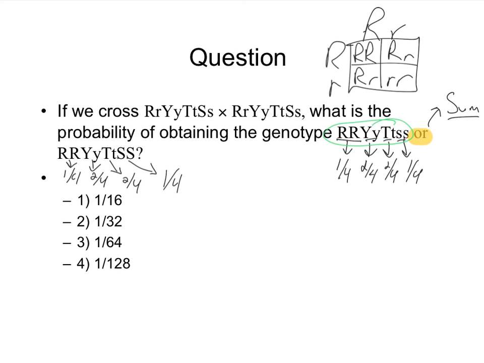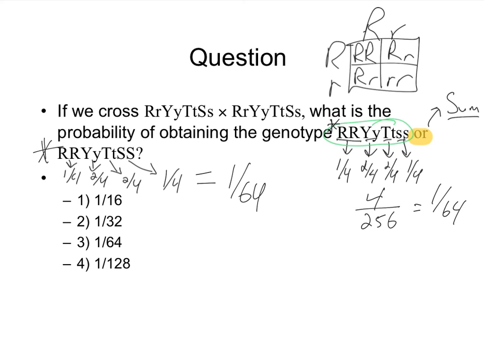What we would end up with is 256 at the bottom, and at the top we'd end up with 4 out of 256. If we reduce it, it's 1 out of 64, just like the previous problem. And the same thing would happen here once you get it all done. It's 1 out of 64. So it's a 1 out of 64 chance that you're going to end up with this particular genotype, and a 1 out of 64 chance you end up with that genotype.